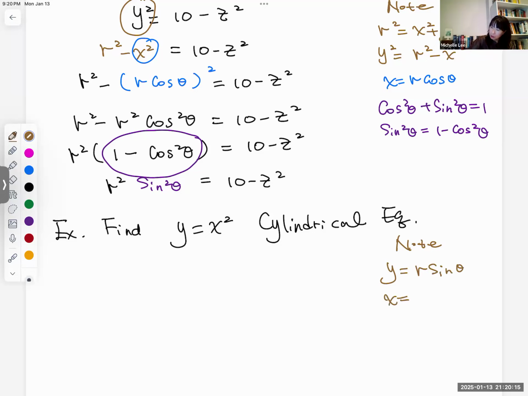And x equals r cosine theta, right? So there will be r sine theta equals r cosine theta, squared, right? Let's make it squared this way because we had the experience earlier. Okay, let's simplify.